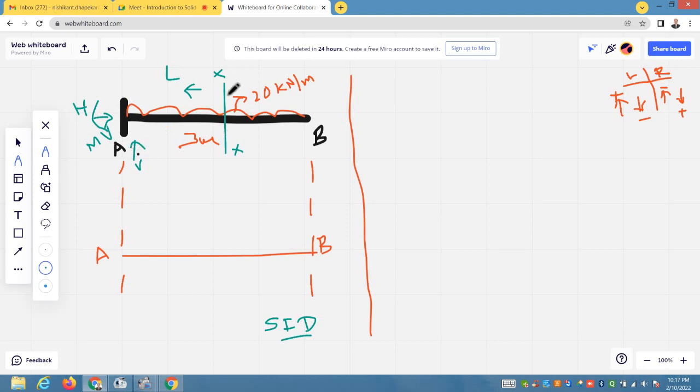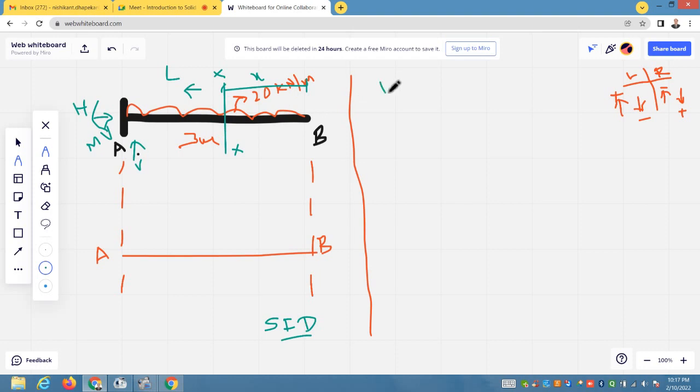But if I consider the right side of the section at a distance x from free end B, then to the right side there are no reactive forces. So generally you consider the section in case of cantilever beams from the free end.